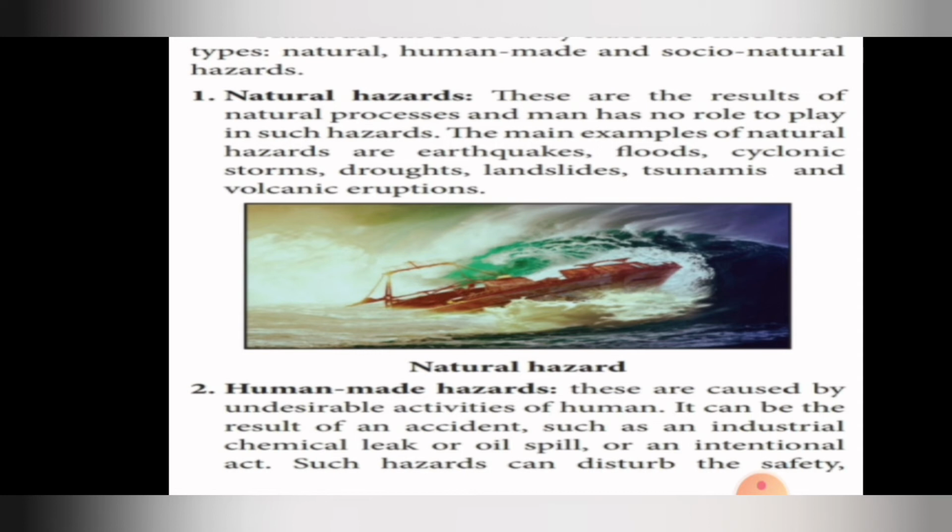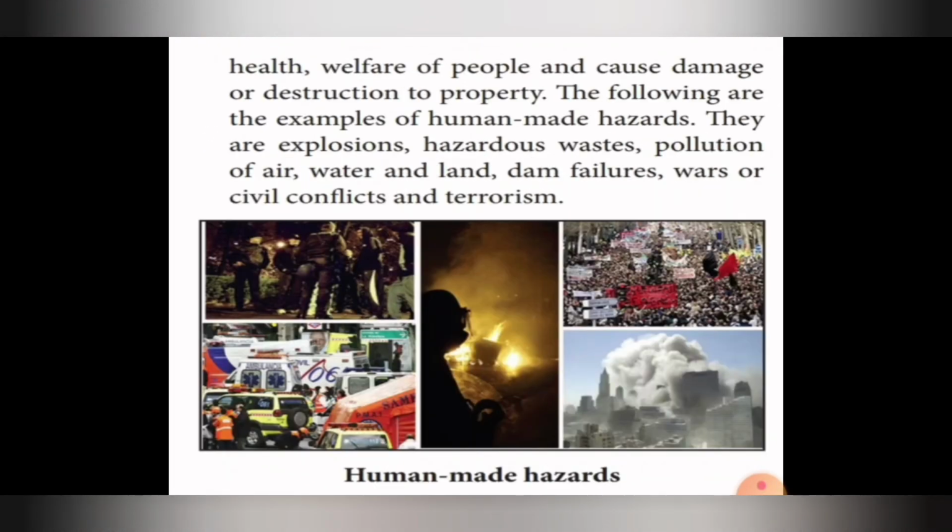Such hazards can disturb the safety, health, welfare of people and cause damage or destruction to property. The following are the examples of human made hazards. They are explosions, hazardous waste, pollution of air, water and land, dam failures, wars or civil conflicts, and terrorism. So, these are the examples of human made hazard.